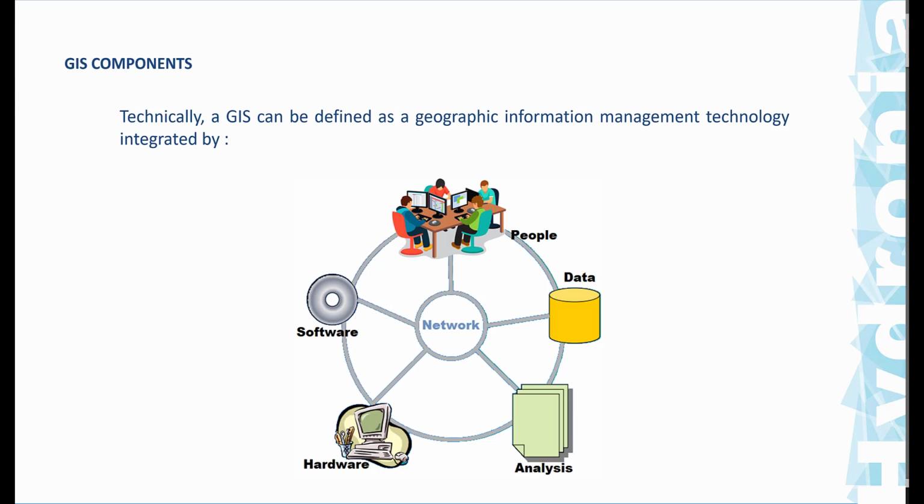It is defined as a set of methods, tools, and data that are designed to act in a coordinated and logical way to capture, store, analyze, transform, and present geographic information and its attributes for multiple purposes. GIS technology allows you to handle and analyze spatial information.